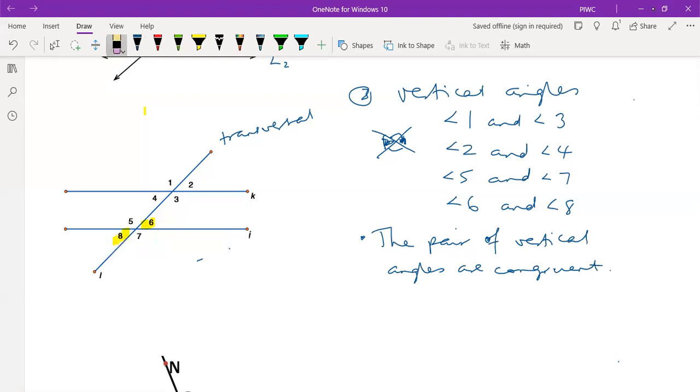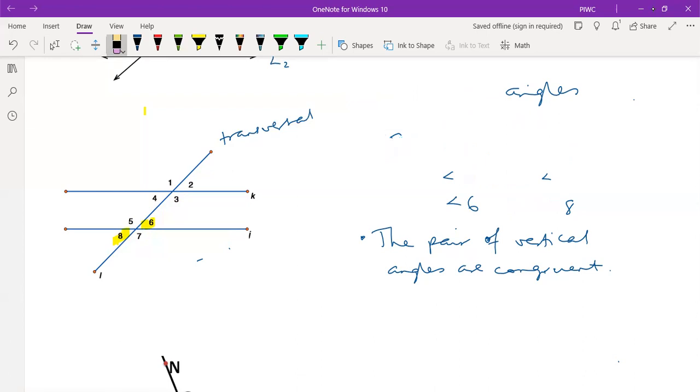Now the last type of angles that we're going to look at will be the linear pairs.